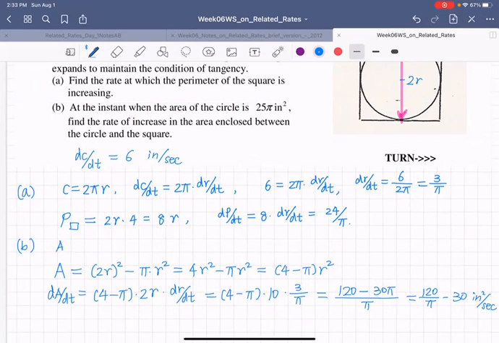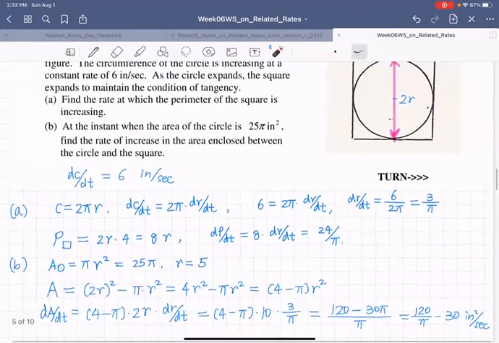Pi r squared equals 25 pi, right? So r equals? r equals 5.